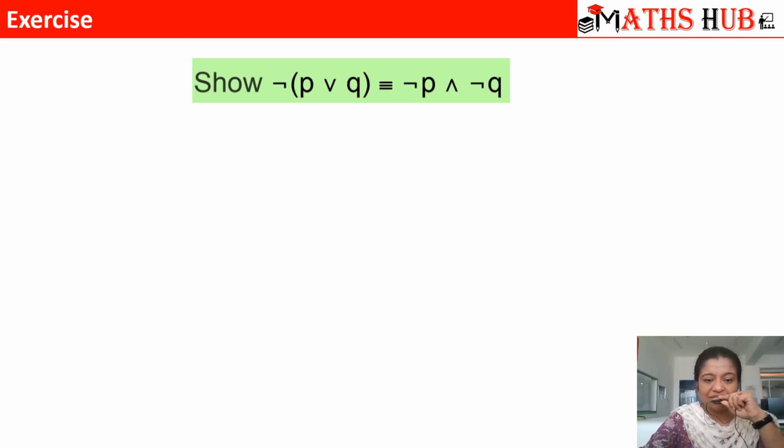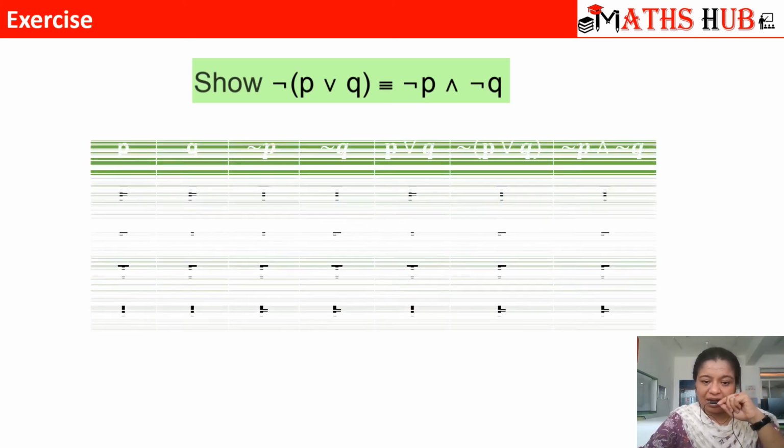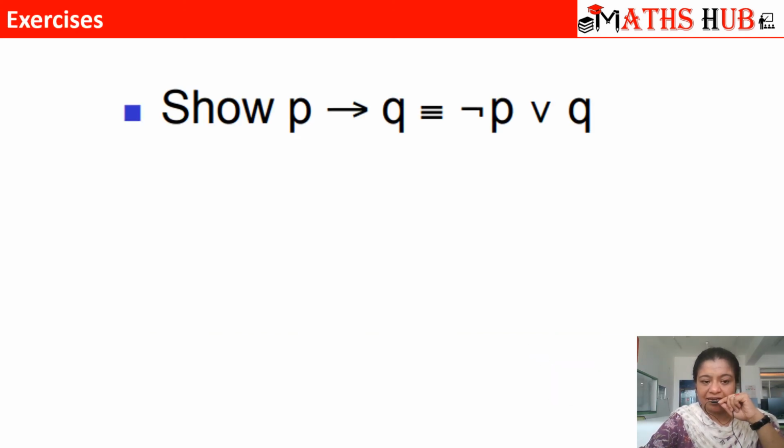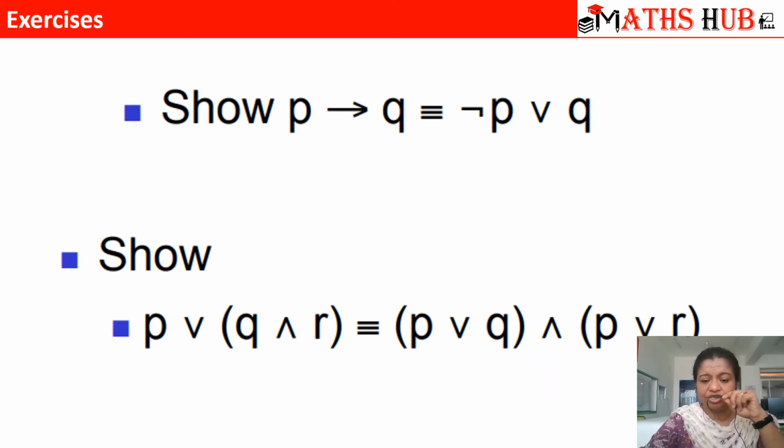So this is your first exercise that you need to do. Answers are given, right? Then this is the second exercise. You need to check whether P implies Q is logically equivalent to negation P or Q. And similarly, P or (Q and R) is equivalent to (P or Q) and (P or R). So do them and then check the answers.